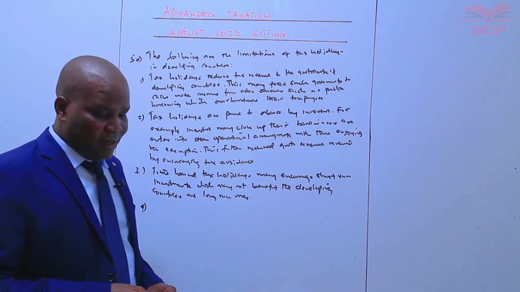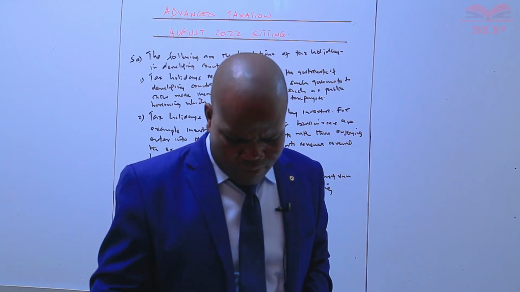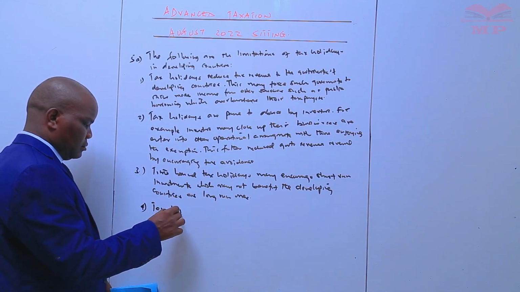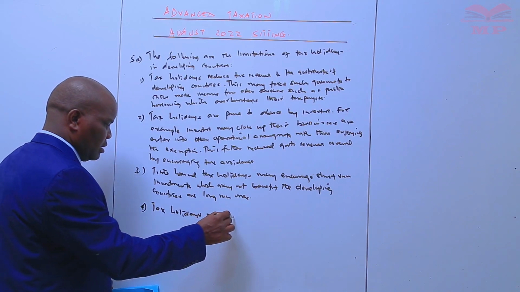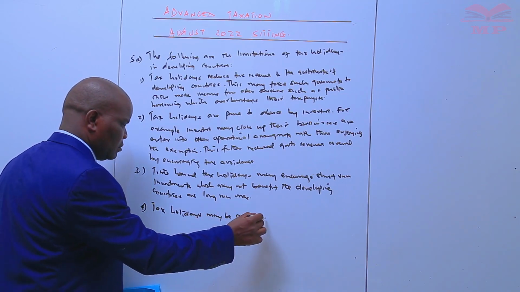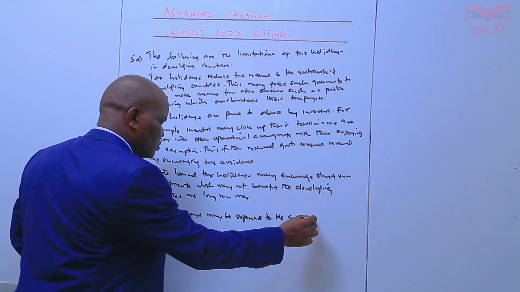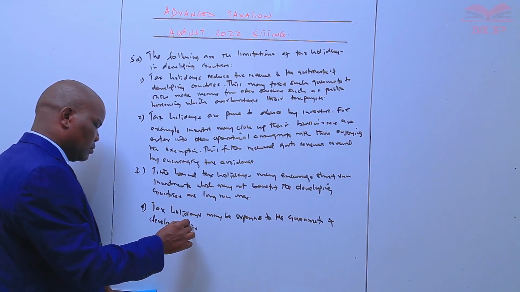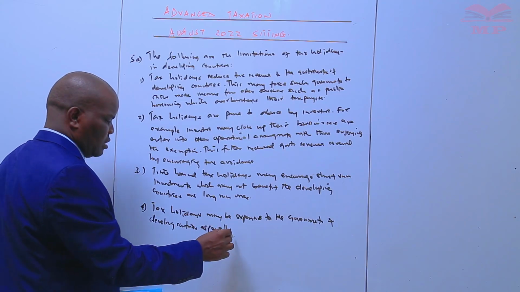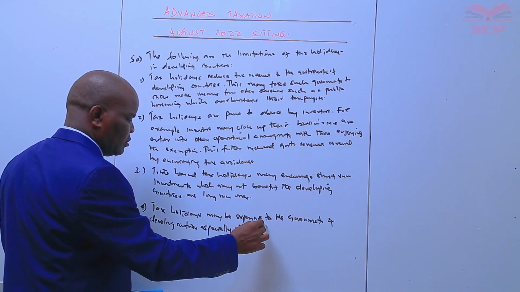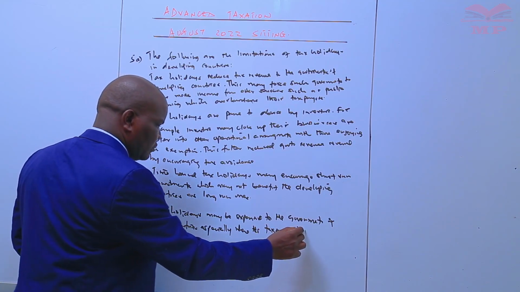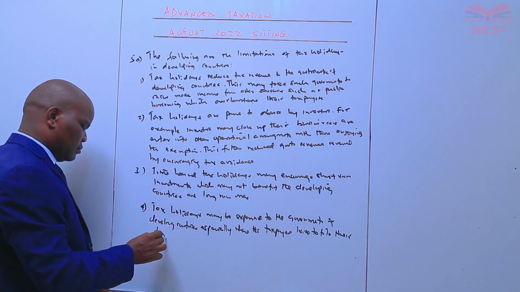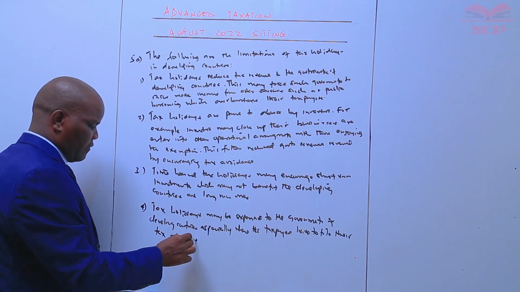Number 4, you can say, for example, that tax holidays may be expensive to the governments of developing countries, especially where the investors or the taxpayers have to file their tax returns every year.